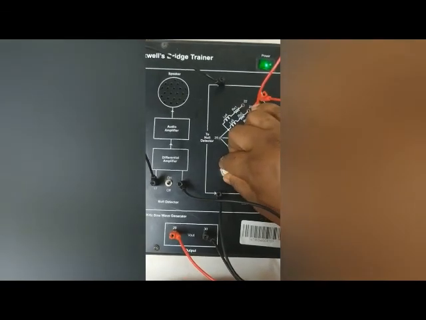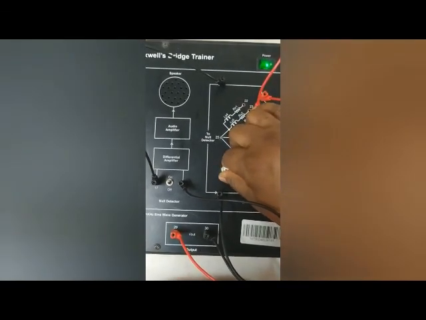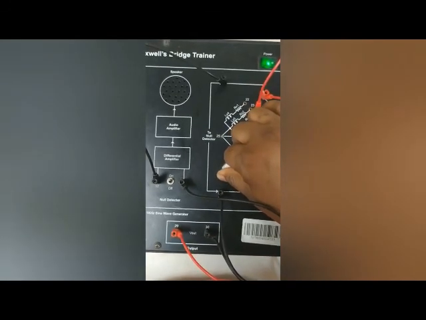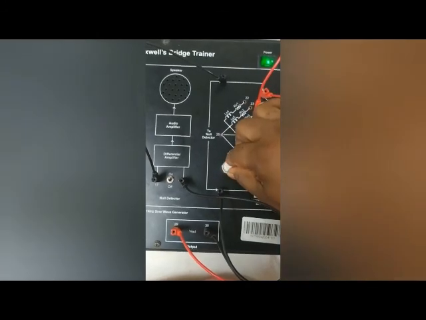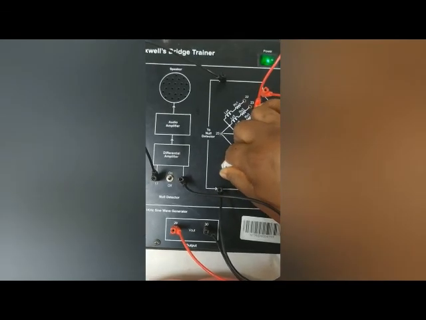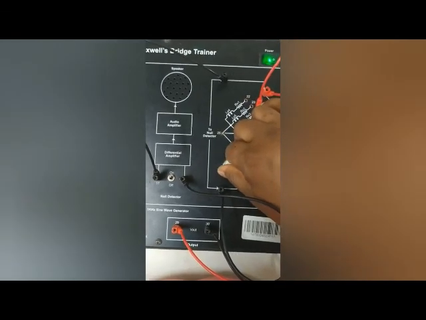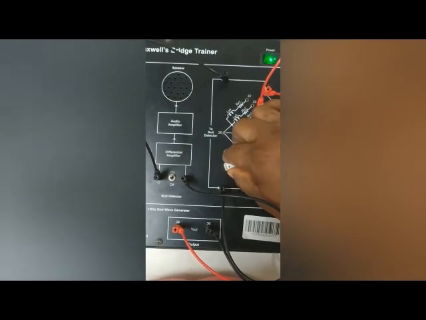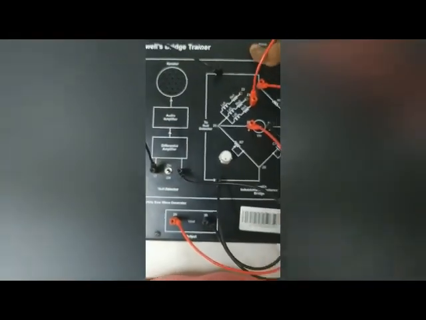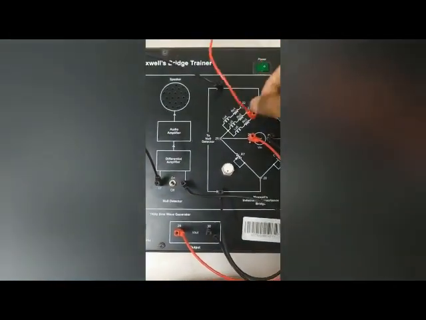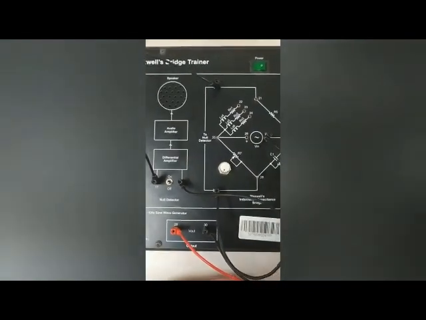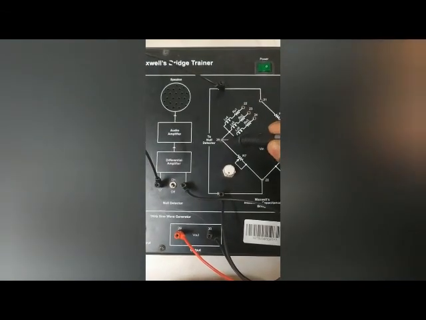So sound is minimum. So switch off the null detector, switch off the power supply, and disconnect the wires and take the reading of R7.